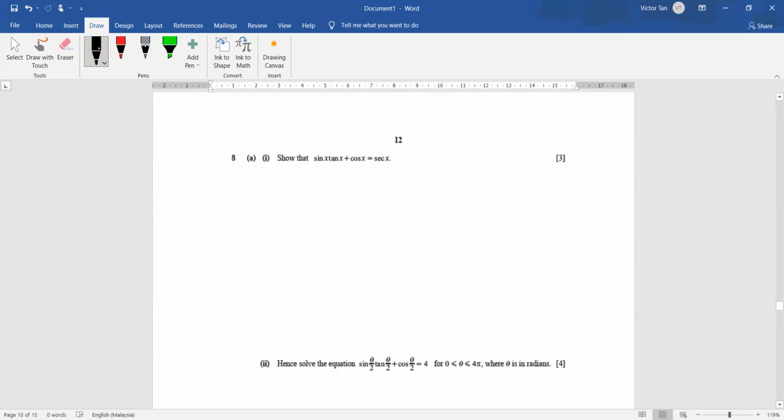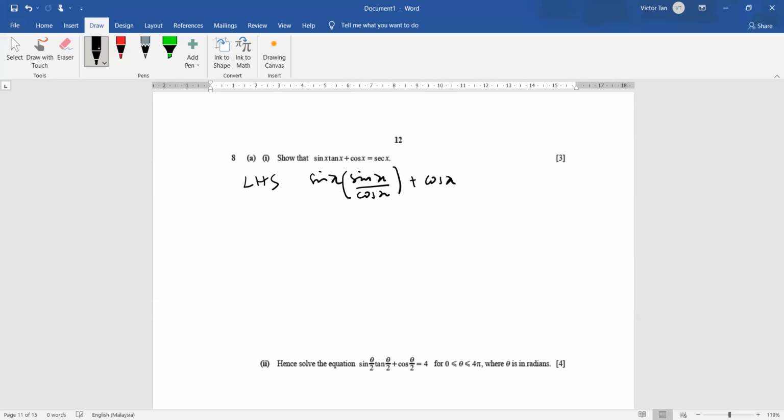Next question. Show that sin x tangent x plus cos x equals secant x. You need to start from the left-hand side, which is longer. So sin x tangent x, change tangent x to sin x over cos x, which is the identity of tangent x.